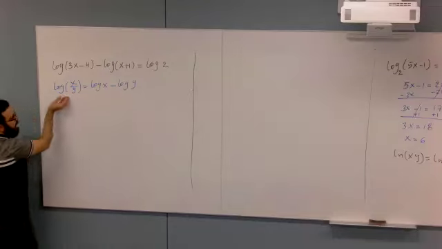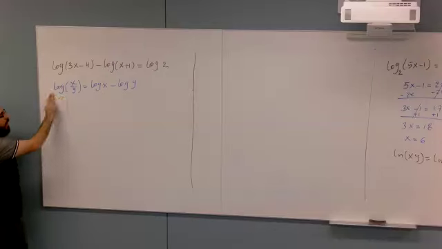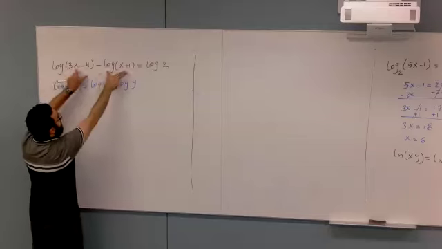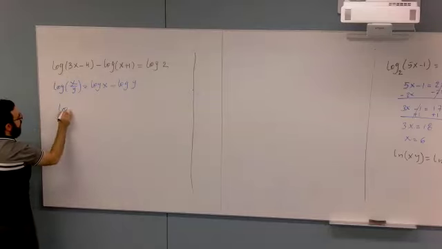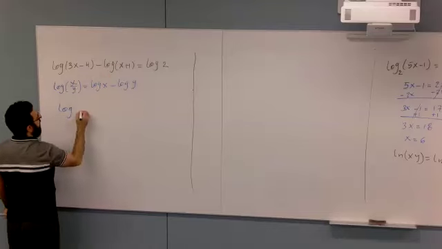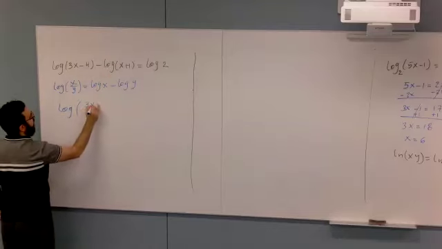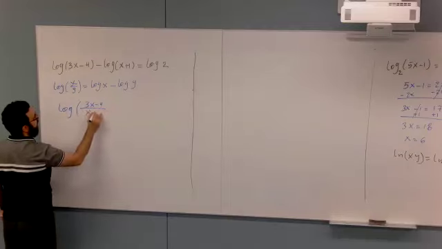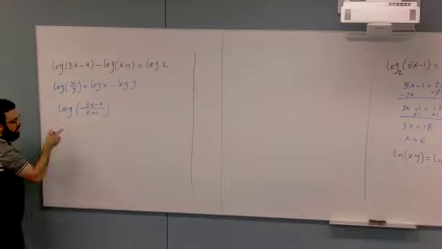I need to bring it back as what? As one log of a fraction. If I need to bring this side back, it's log of 3x minus 4 divided by what? x plus 1. Is that okay?